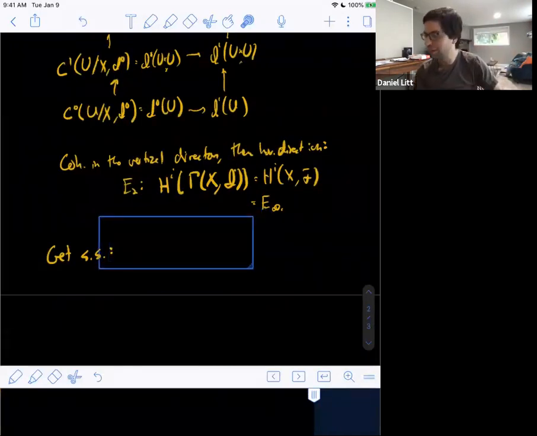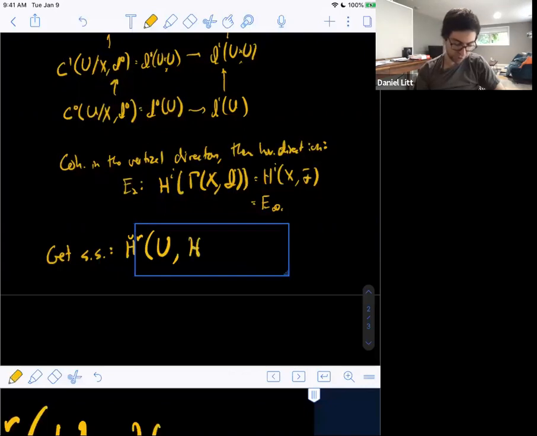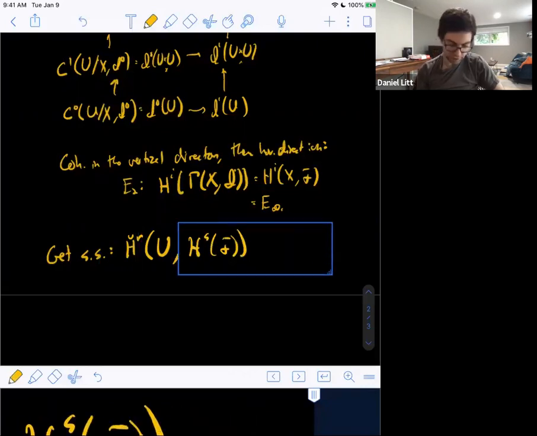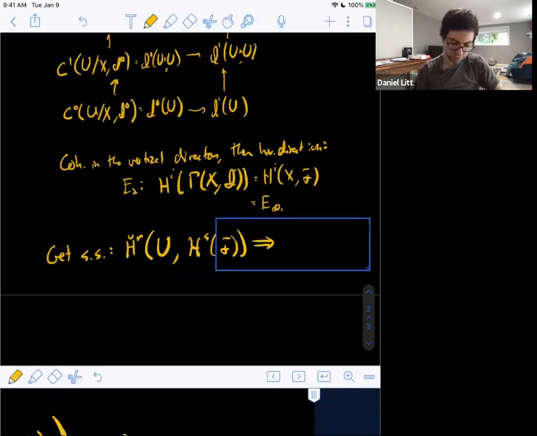There's some convention on this, which you can look up on Wikipedia if you so desire, which goes from the Čech cohomology on this cover U with coefficients in this cohomology presheaf, and it converges to the derived functor cohomology.